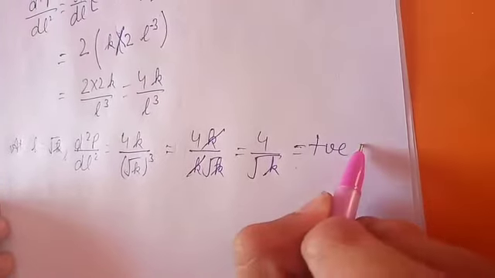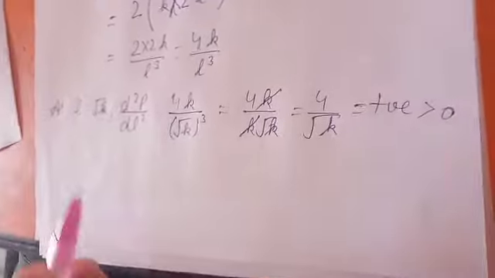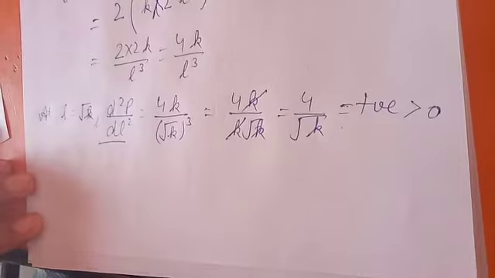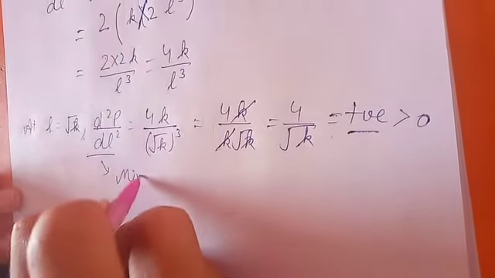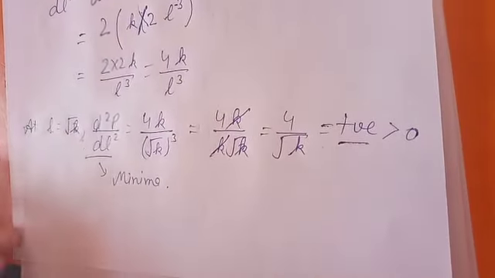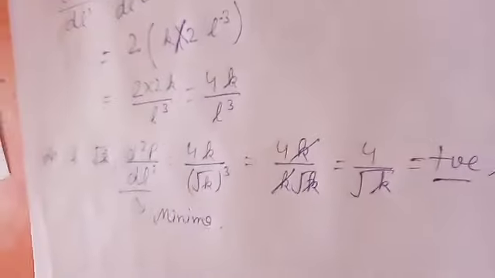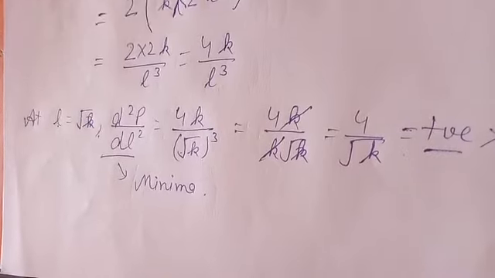And when it is positive, means greater than 0, and we know that whenever our second derivative in case of maxima and minima is positive, then we have a point of minima there.